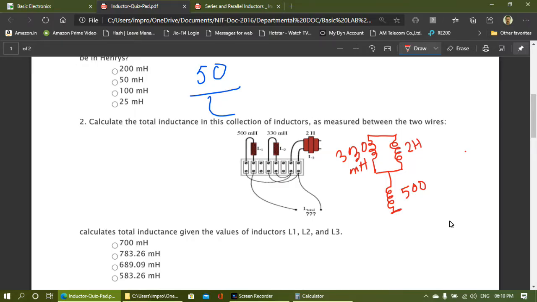For time saving, I have already drawn it. This is your circuit. We have to measure the effective inductance from here to here. This is the 330 millihenry, this is the 2 henry inductor, and this is the 500 millihenry connected in series with the combination of both.